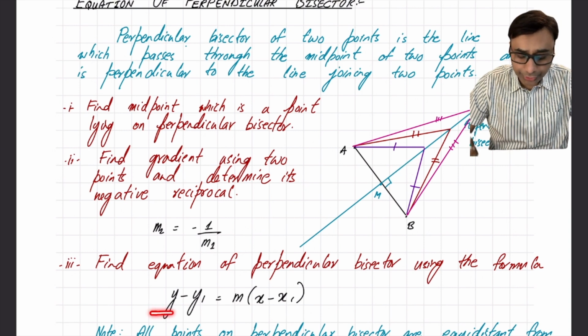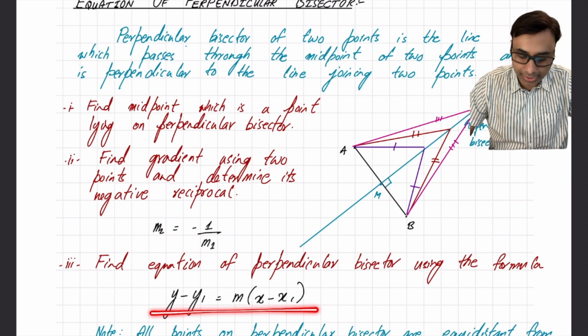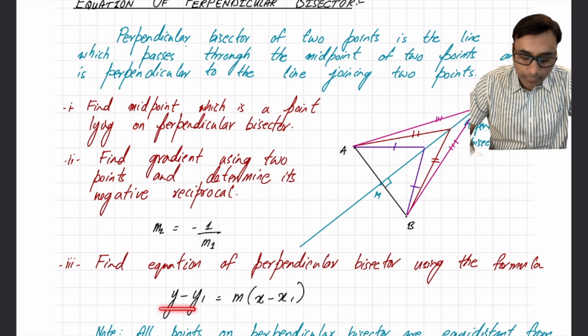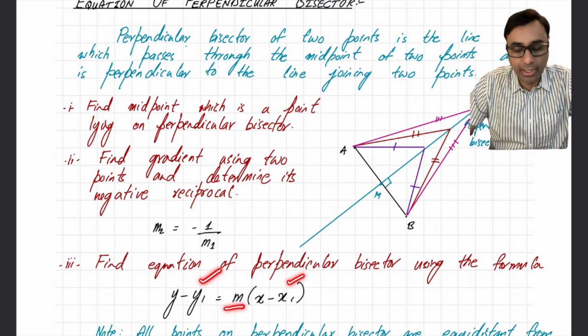You also need to recall the formula of the equation of a straight line in terms of point and gradient. This is called point gradient form, which is y minus y1 is equal to m times x minus x1. x1 and y1 are the coordinates of the point through which the line is passing, and m is the gradient of that line.